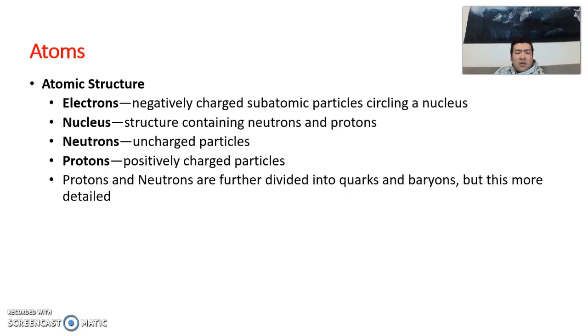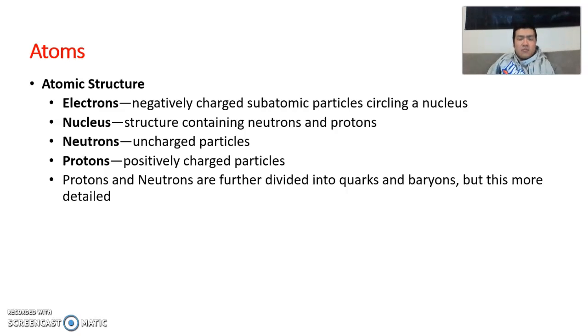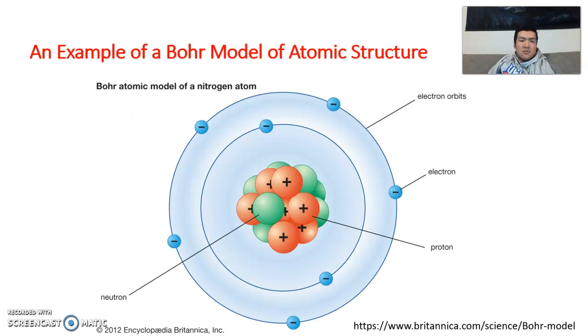Now, if we look at the basic structure of atoms, we'll see that, again, they're composed of electrons, neutrons, and protons. Protons and neutrons make up the atomic mass of an atom, the electrons carrying the electrical charge but a very minute portion of the atom's mass. The protons and neutrons are in the nucleus with the electrons orbiting.